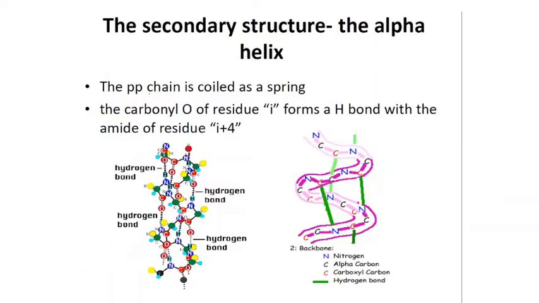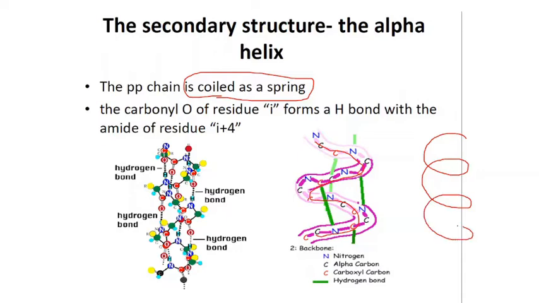The polypeptide chain is coiled like a spring, you all know that. See here how exactly it is coiled. It is coiled that way, not in that formation, but actually circular, remember.